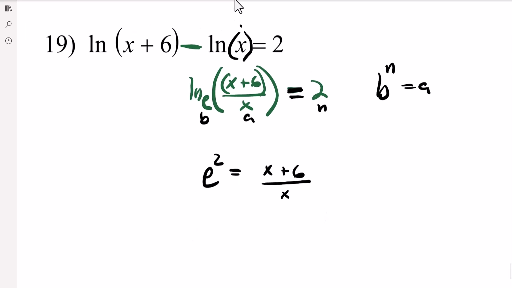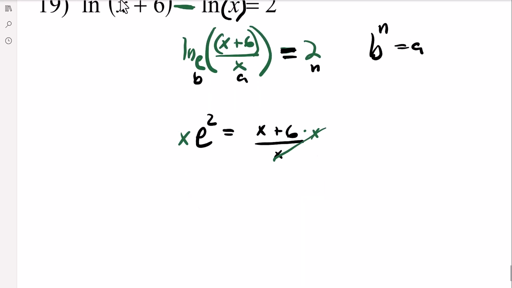All right. Not especially loving this. I'm going to multiply both sides by x. All right. Wow, this is pretty weird. Now we have x times e squared is equal to x plus 6.